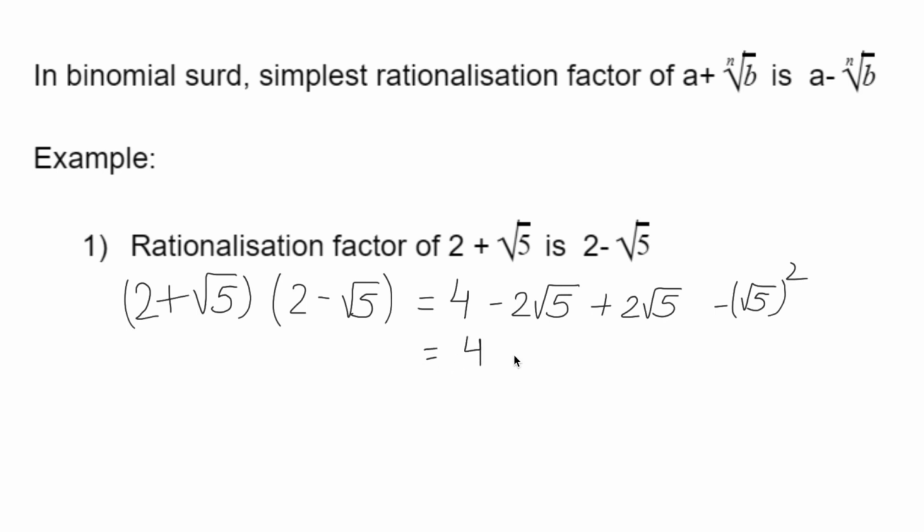It becomes 4 minus 5, which is equal to minus 1, and with the definition of a rational number, we can clearly say minus 1 is a rational number. So if the product of one number with its rationalization factor becomes a rational number, then we call these two rationalization factors of each other.